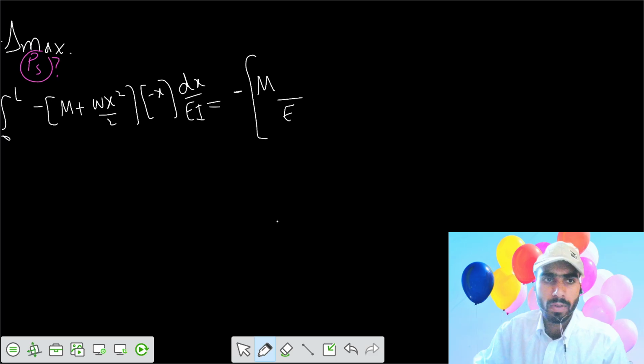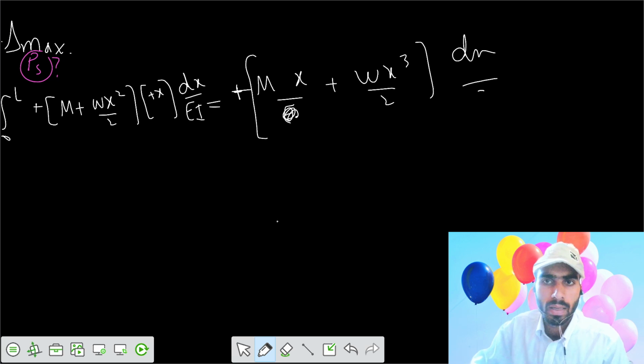This was your M by EI. Then you had minus, so finally the overall value becomes positive, as minus and minus becomes positive. So we can write minus mx plus wx cube by 2, then dx by EI, and integrate it from 0 to L.